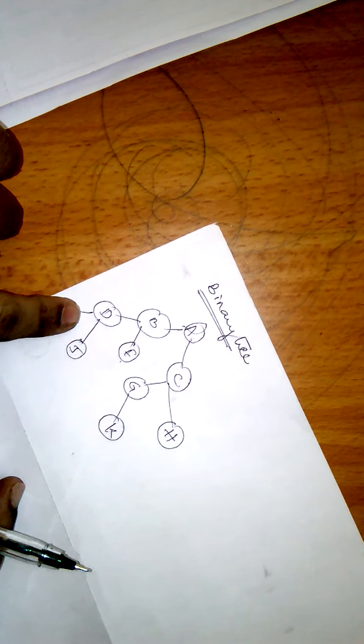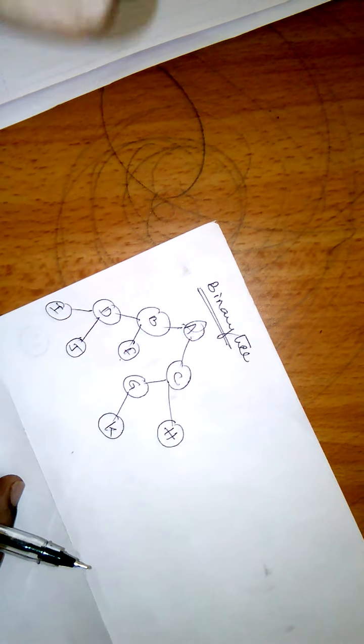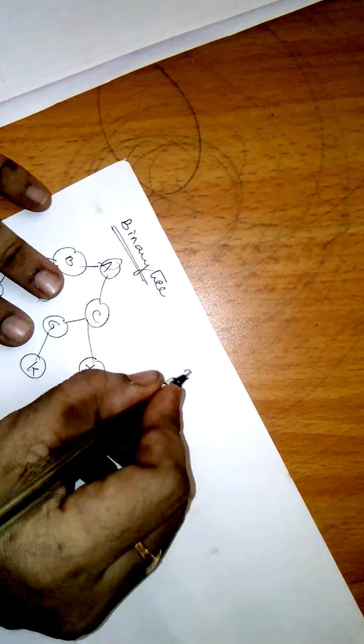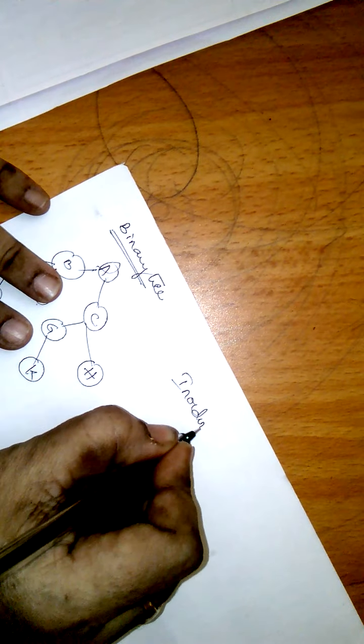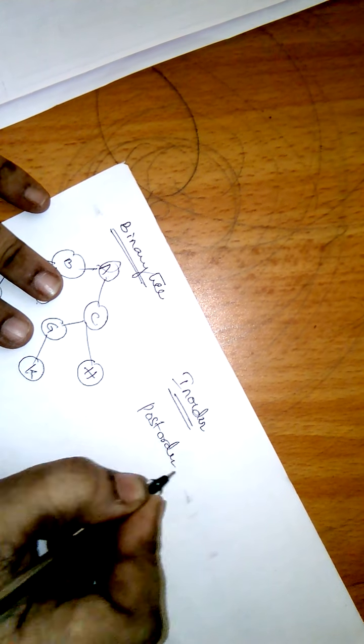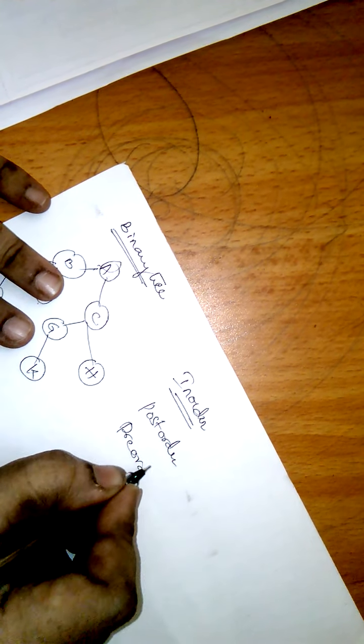To display the nodes we traverse in three methods: inorder traversal, postorder traversal and preorder traversal.